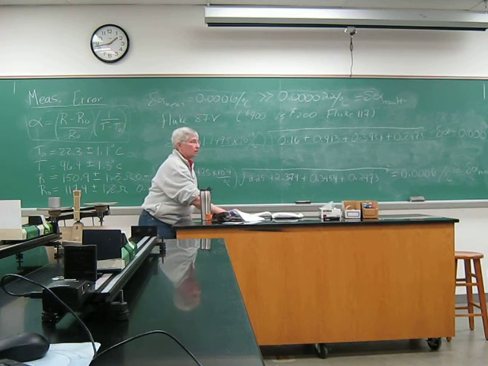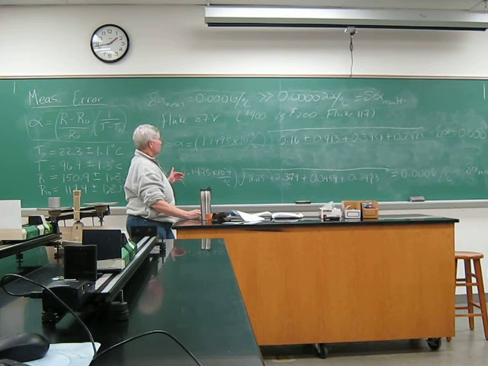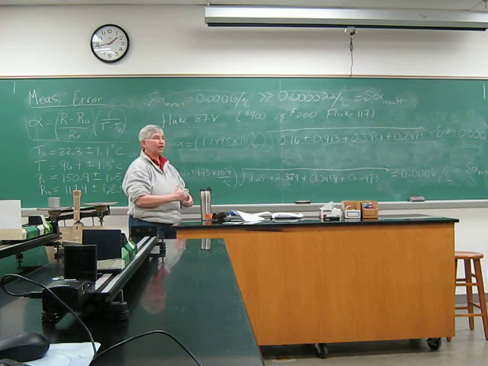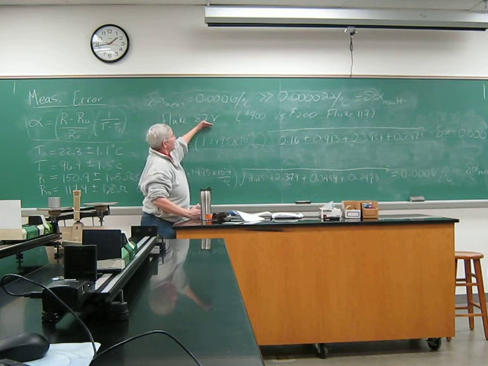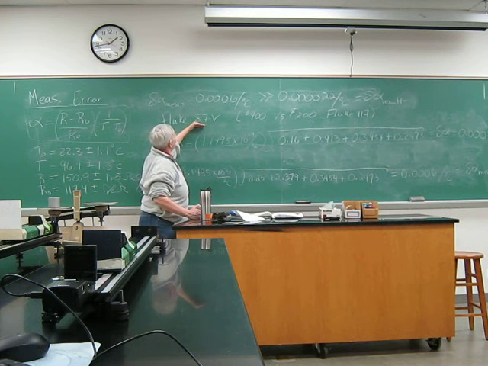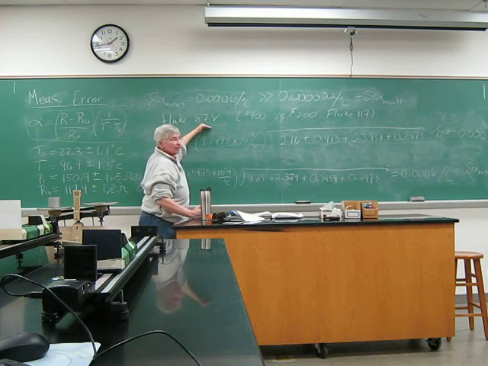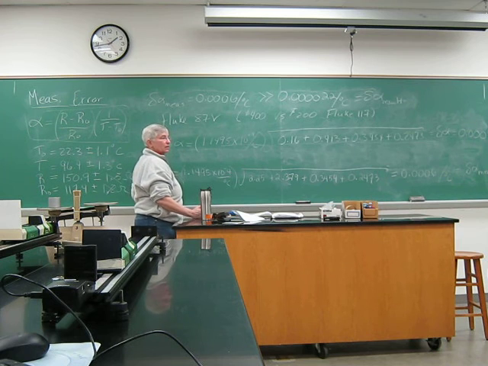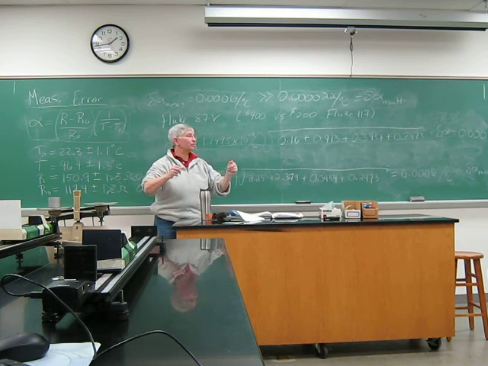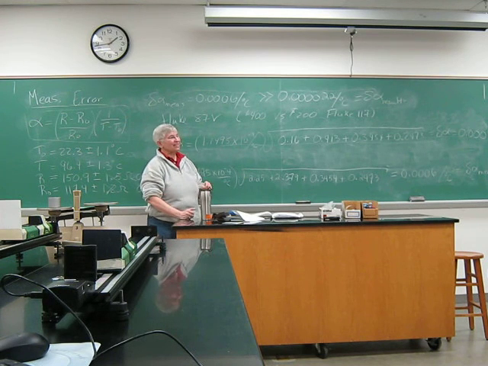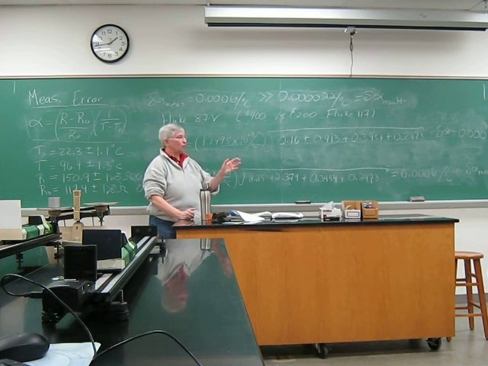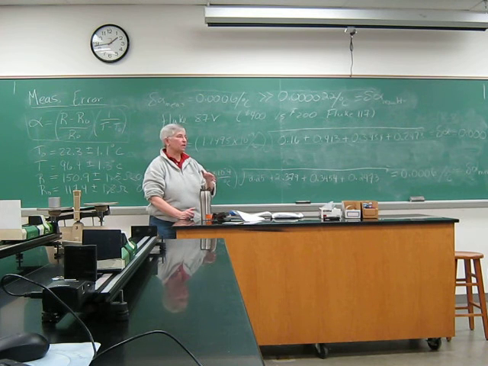So this is where you're not only talking about improvement. In this case, I've got a manual, I can read this off, and I can tell you what this would be. Let's say you did a measurement with a meter stick and the uncertainty was 0.02 centimeters.